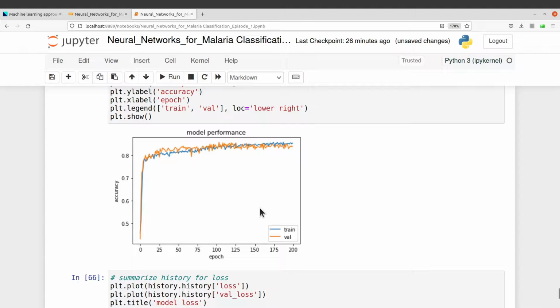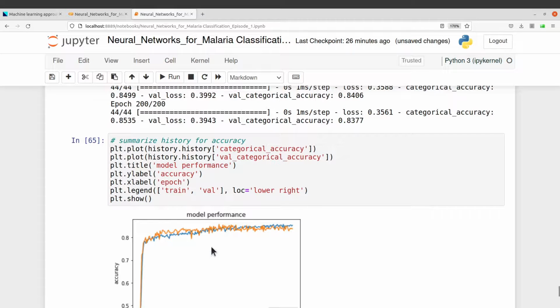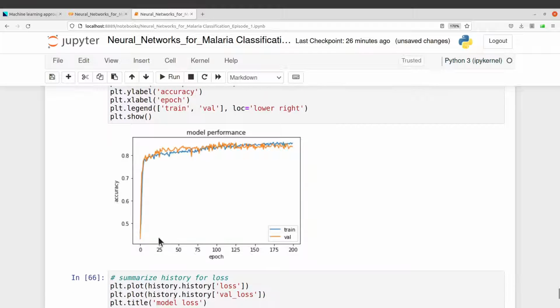Okay. So let me just explain a few things here. If you look at the accuracy, we see that the model improved. It was improving over time. So here we have the first epoch, and then as it moved along, the model was improving.